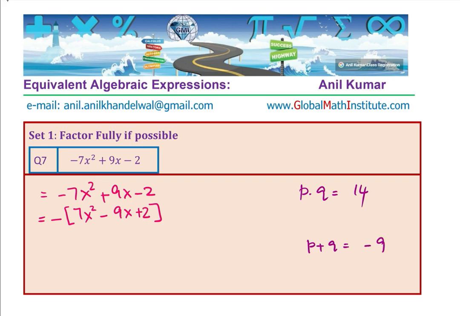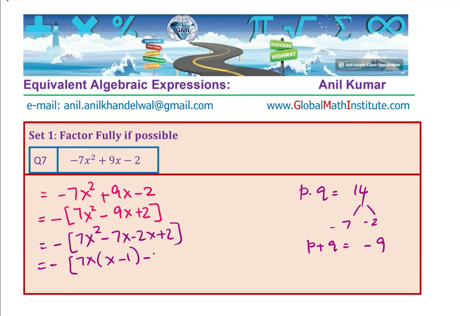So the two numbers which could give you 14 and 9, these two numbers are definitely 7 and 2. Both negative will give us the result, right? So we get minus, and we could now rewrite this as 7x squared minus 7x minus 2x plus 2. So we can factor 7x from the first two terms, getting us x minus 1, and here factoring 2 will give us x minus 1.